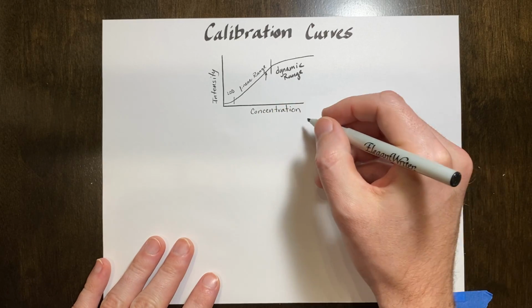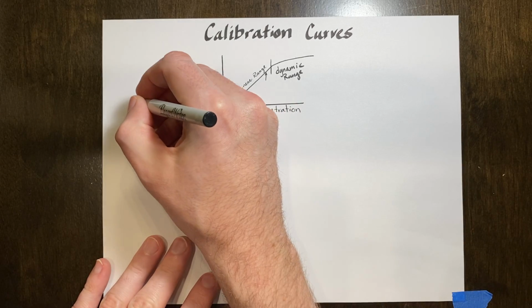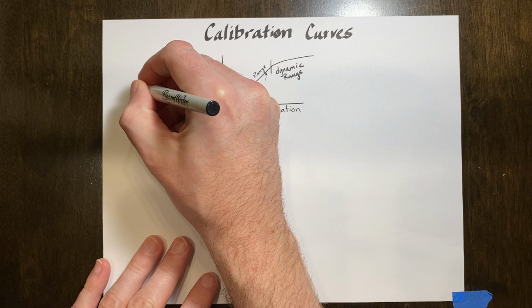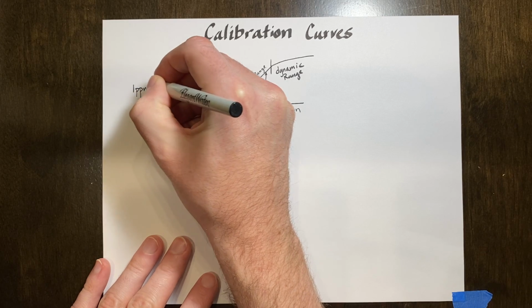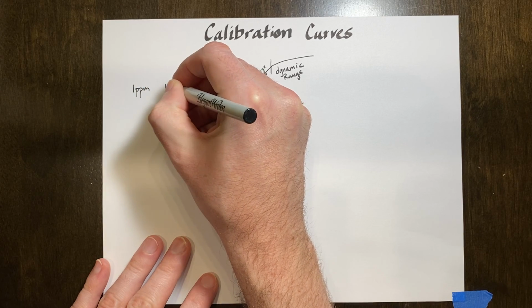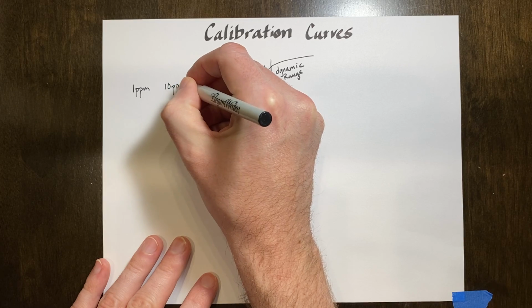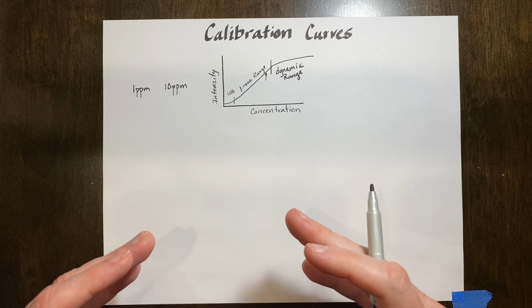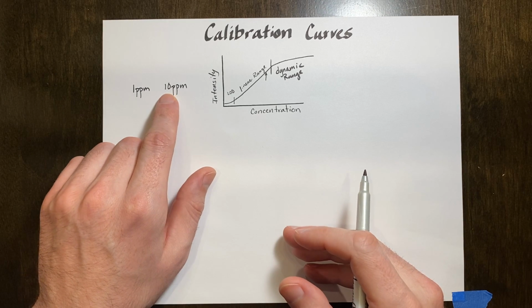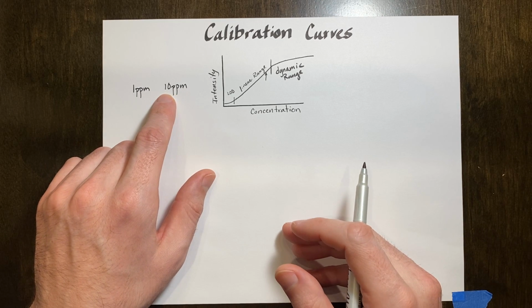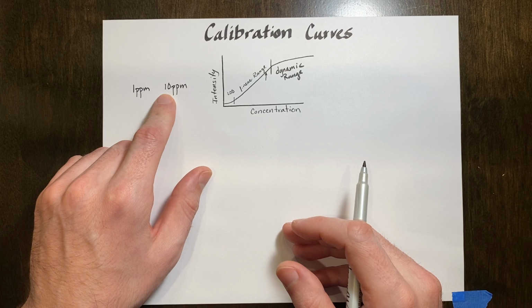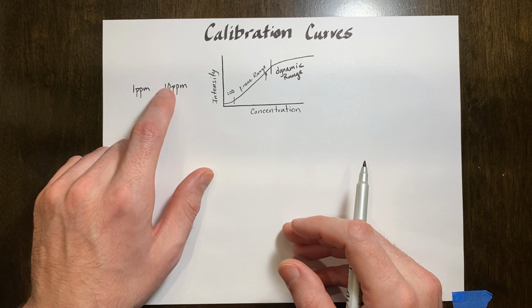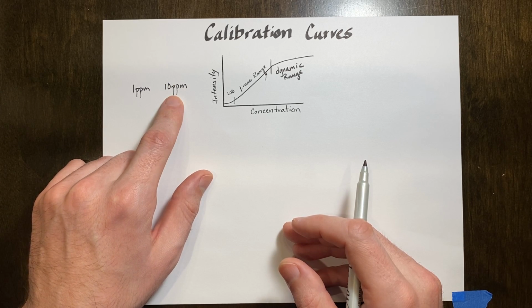So how could we make a calibration curve for this? We want data points between 1 ppm and 10 parts per million. Now, we could attempt to weigh out 10 milligrams of copper and dissolve it and then dilute that into 1 liter of solution.